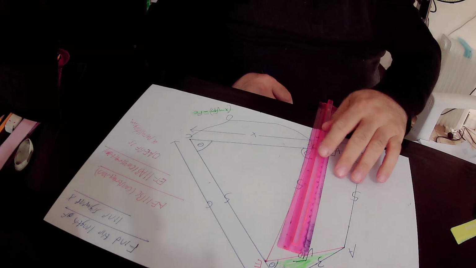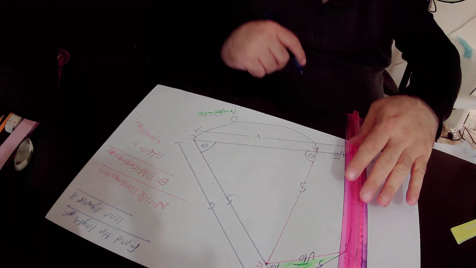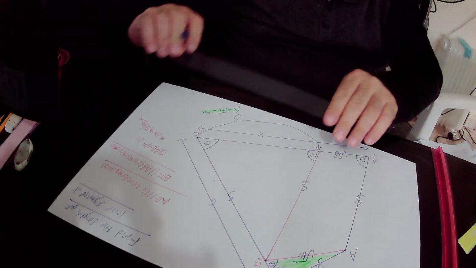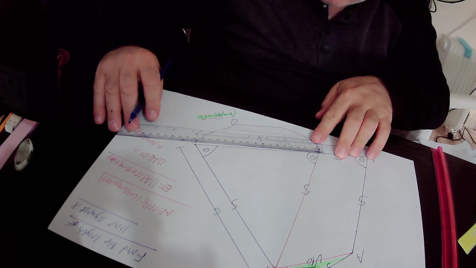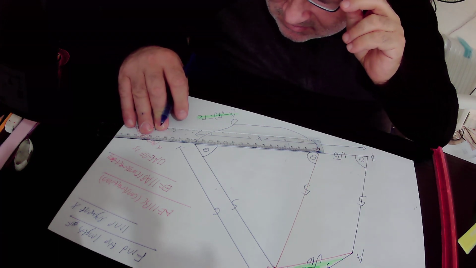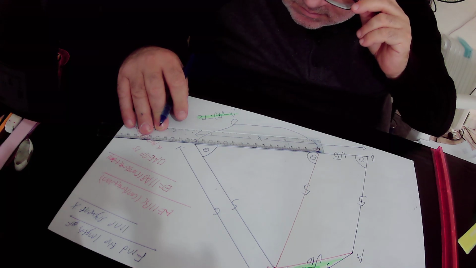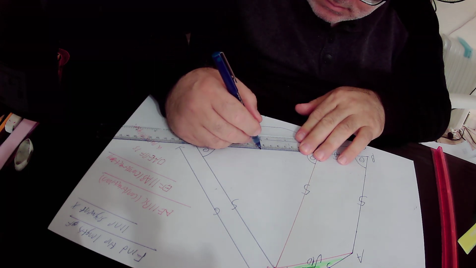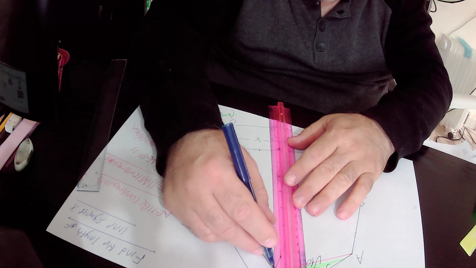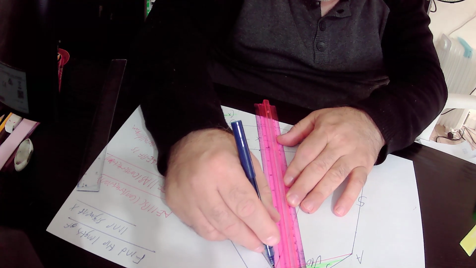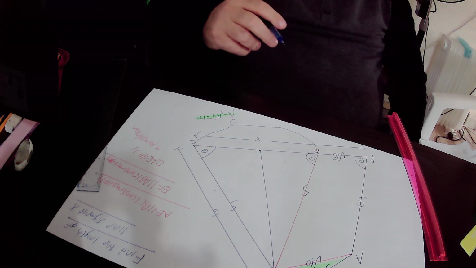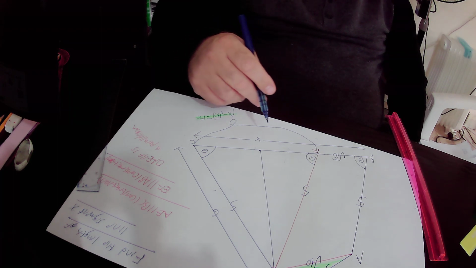Okay? And we will define the touching point of the perpendicular from point E and FC as M.